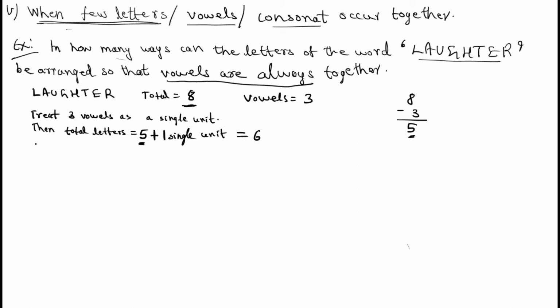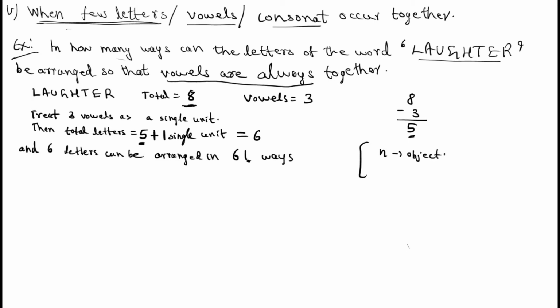Okay, and 6 letters can be arranged in how many ways? 6 factorial ways. That we know: if n distinct objects are given, then the total number of ways is equal to n factorial.